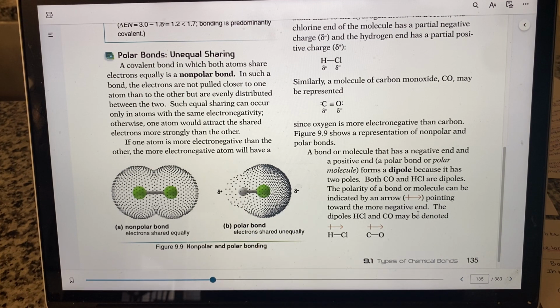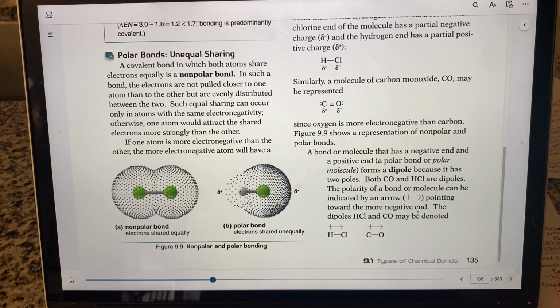The polar type bond is going to be that bond if one atom is more electronegative than the other. On that side, you're going to have a stronger pull. So this one-sided pull is going to cause electrons to be unequally shared.